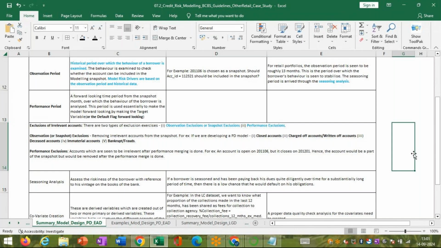So exclusions of irrelevant accounts, observation and performance exclusions, become important, right? These are the important parts which you require for model development for understanding the data. Now the choice of the observation period and performance period differs from model to model, right?